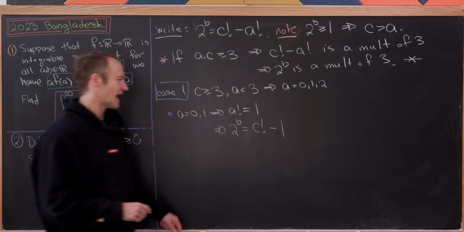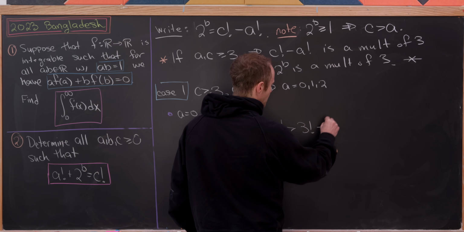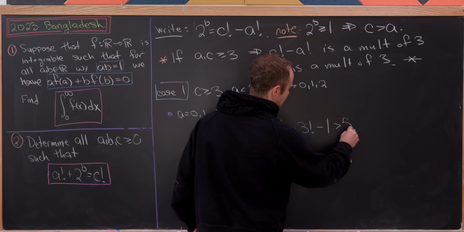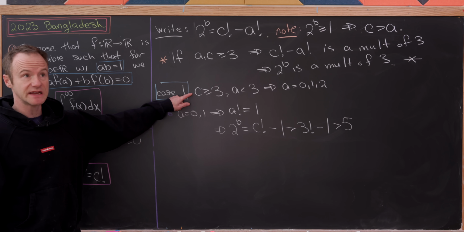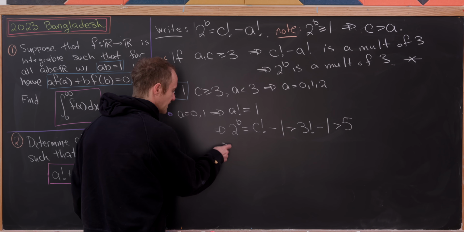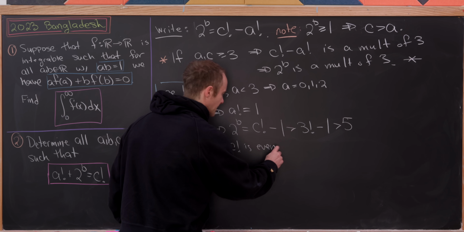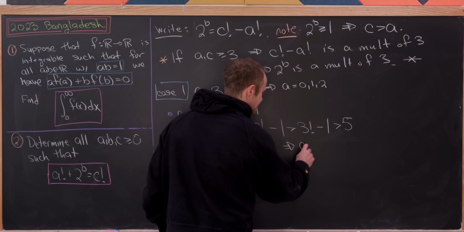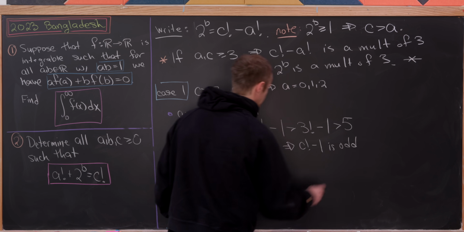But notice that that is going to be strictly bigger than 3 factorial minus 1, which is strictly bigger than 5. But now let's notice since c is bigger than or equal to 3, that tells us that c factorial is even. Oh, but that means that c factorial minus 1 is odd.